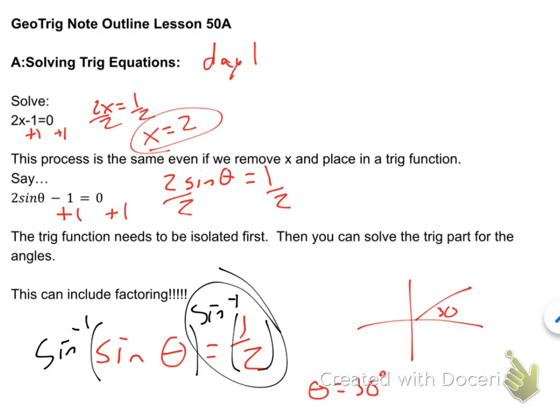I'm not just looking for one answer, I'm looking for all answers. So if you looked on this side of your unit circle, you would also notice that the angle at 150 degrees would also equal 1/2 for the sine. So the sine of 30 is 1/2, sine of 150 equals 1/2.